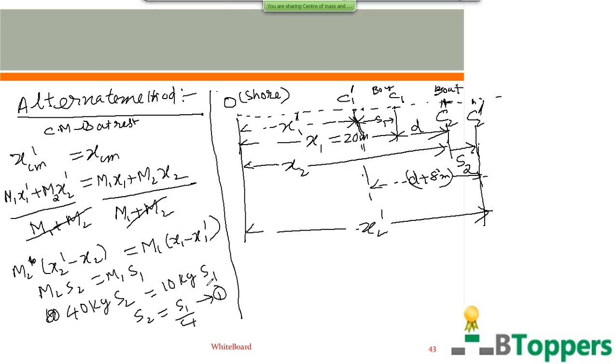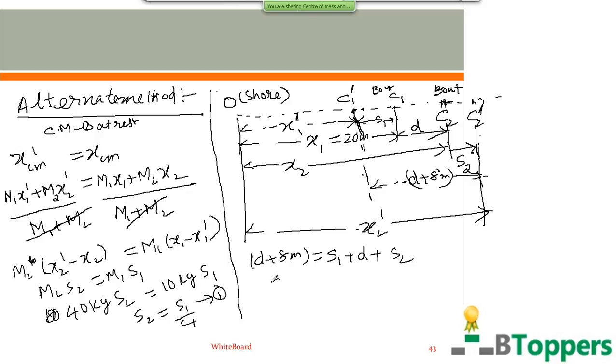You can observe from the figure the distance between C1 dash and C2 dash in the second case is D plus 8 meters. That is equal to the distance between C1 dash and C1, that is S1 plus D plus S2.